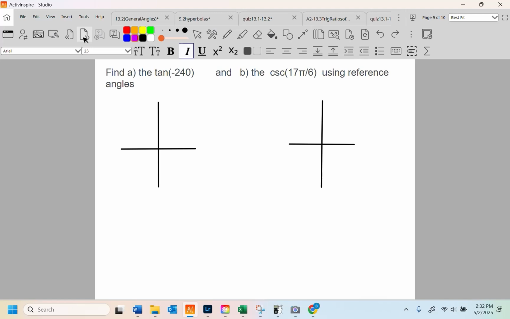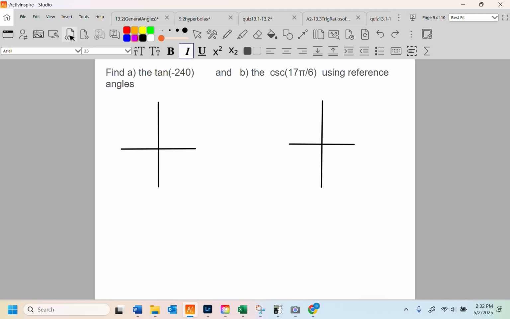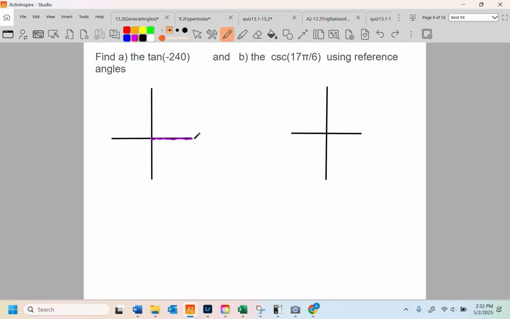So moving forward, find A, the tangent of negative 240 degrees, and B, the cosecant of 17 pi over 6. And this is the last thing that's in your notes. Tangent of negative 240 degrees, that angle will rotate. And well, by the way, one thing you could do is just add 360. That's the tangent of 120. Make the angle positive. You can rotate 120 degrees.